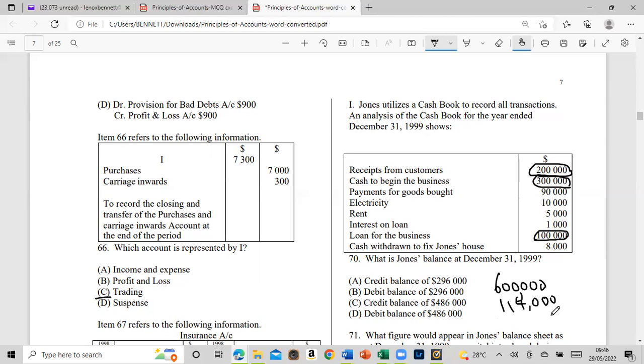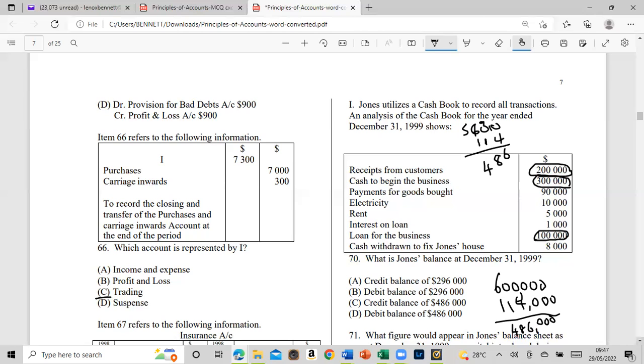We should just take 114 from 600. So that's 486, and add the 000 now.